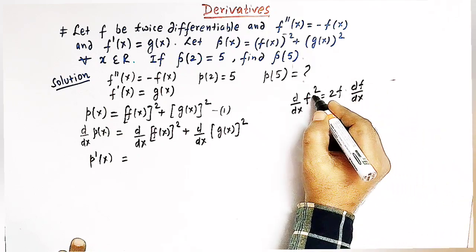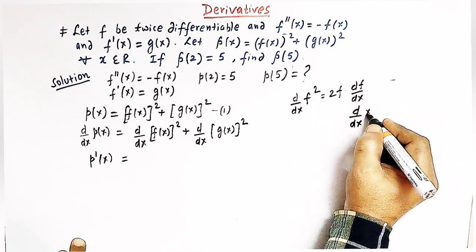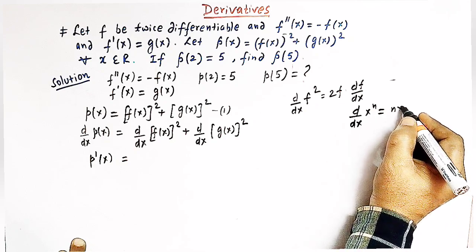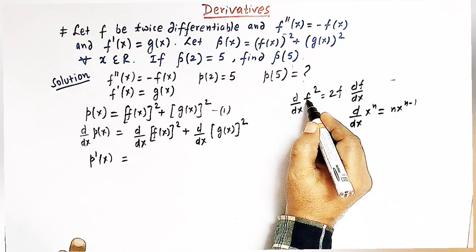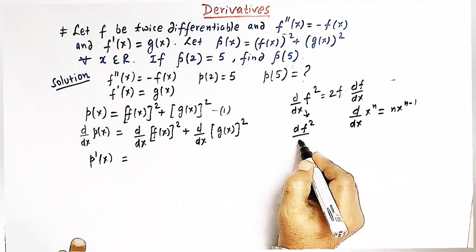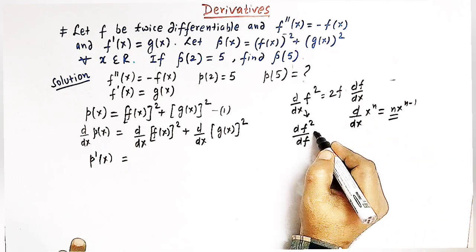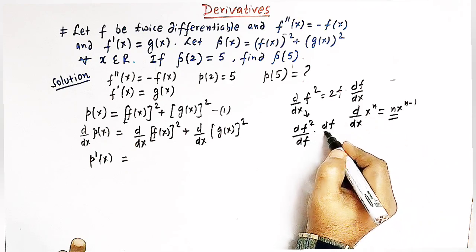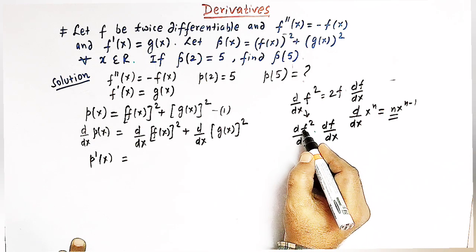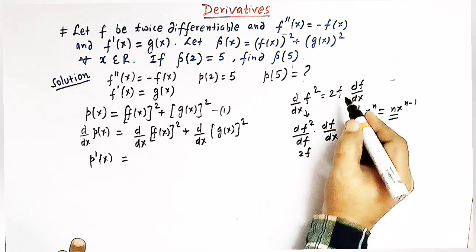So here first we have used this result, that is the derivative of x raised to n with respect to x is n x to the power n minus 1. So first we have taken the derivative of f square with respect to f by applying this rule, and then by chain rule we write df over dx. So the derivative of f square is simply 2f due to this result, right?